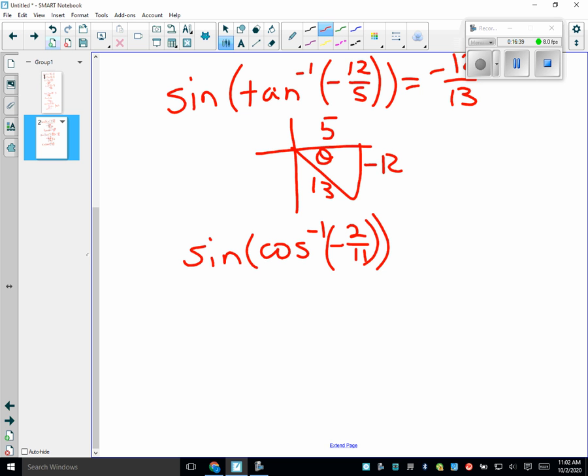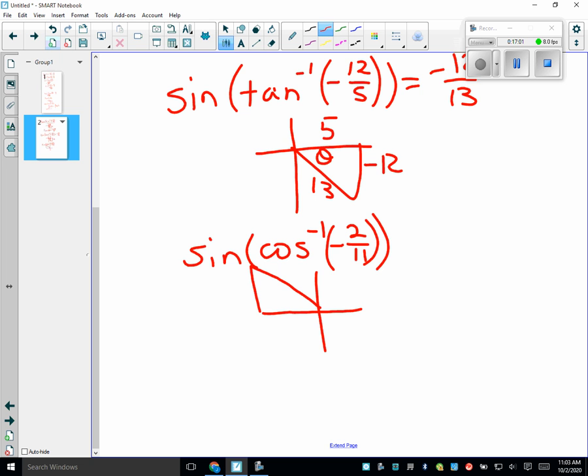What quadrant are we in? The second. So I'm here. 1 and 2.